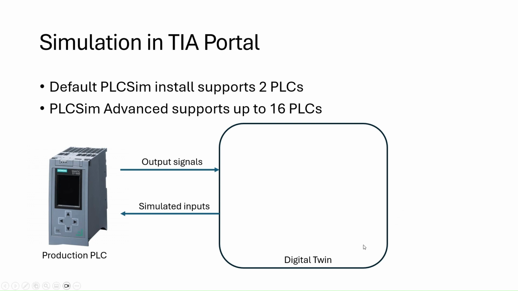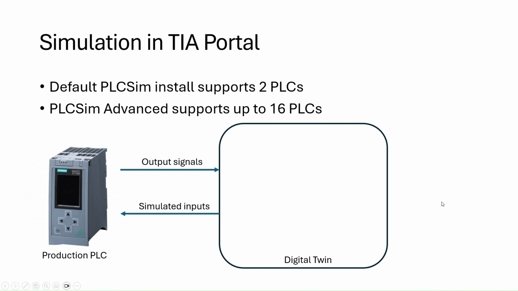We could, of course, use software like Simulink for the digital twin or other software, but we are bound to licenses then. And we really want to keep it simple and also program with the same logic, the same programming language. So with ladder or SCL or whatever you prefer, we want to keep it in TIA Portal itself. So for the PLC Sim install, we're going to use this support for two PLCs.